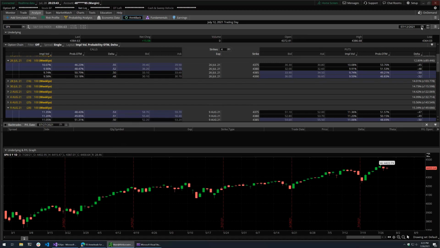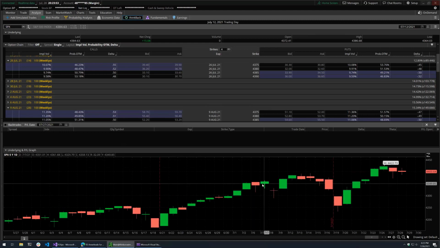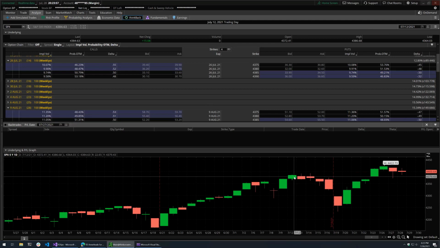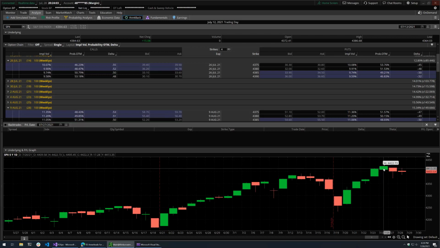So what we're going to look at is a few different trades here. Going back to our chart, we look at the 12th here. The 12th is this day right here. The days I'm going to pick are the 12th down to the 19th, and then up to the 26th.